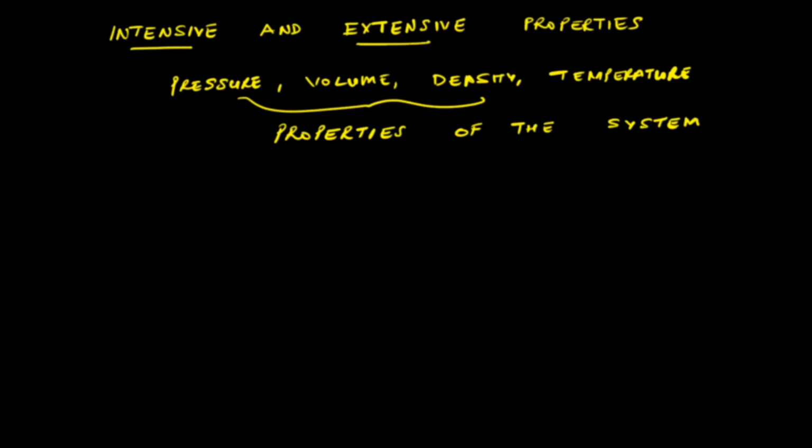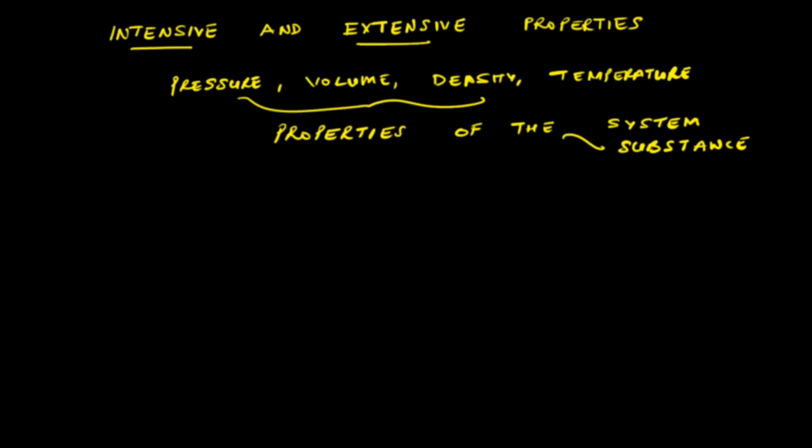Quickly speaking, what we mean is properties of the working substance that is contained in the system. These properties are macroscopic in nature. That means when we measure these properties, as we have seen in previous lectures, they are measured due to the presence of a large number of particles. Therefore, these are macroscopic in nature.